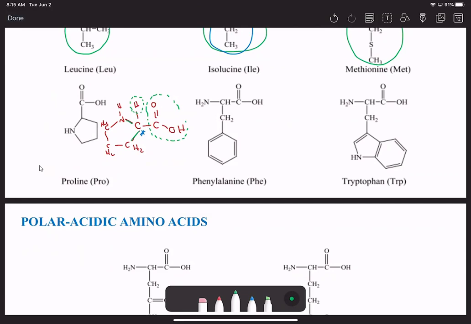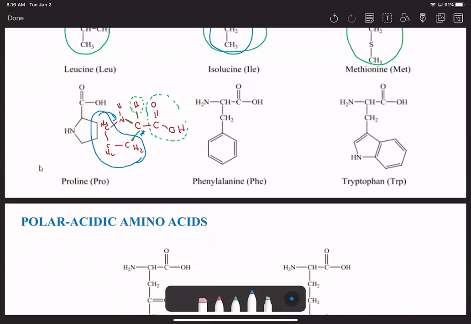But proline is the only amino acid where the R group attaches itself. Here's my R group right here, and you see how the R group has attached itself to that alpha amine that we see here, right? And proline's the only one to do that.